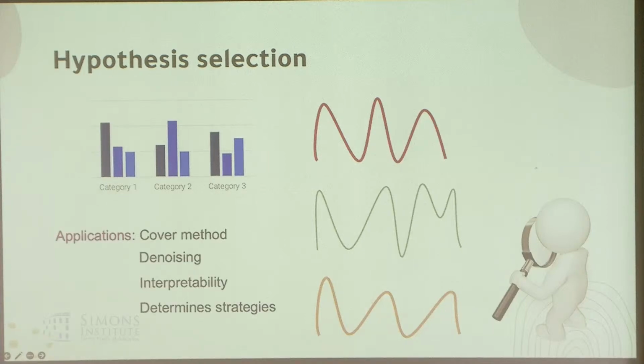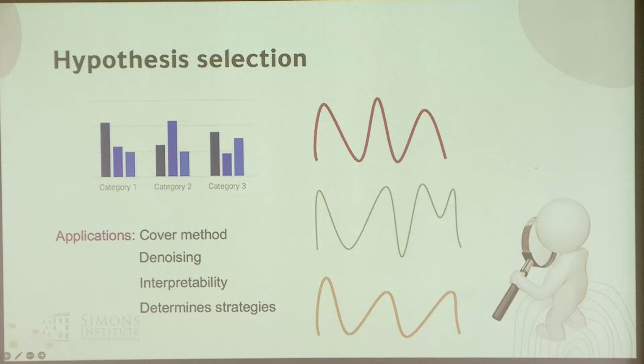There are a lot of applications for this problem. The important one from a theoretical perspective is the cover method. When you want to learn a structured distribution, you might select a bunch of representatives from that class such that every distribution in the class is close to one of these representatives. Then you can run hypothesis selection and pick the closest one to learn that distribution.